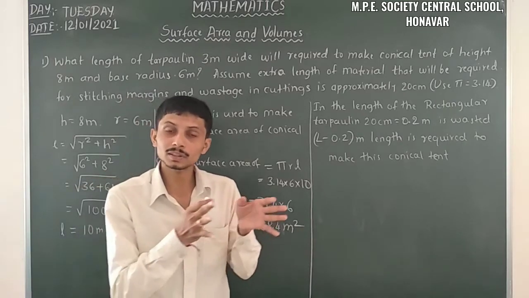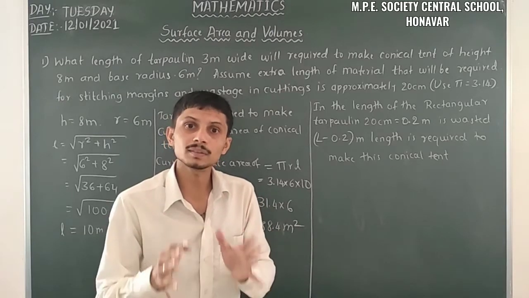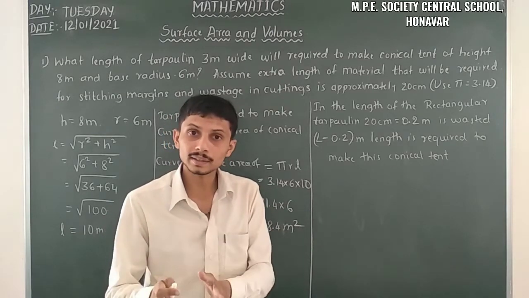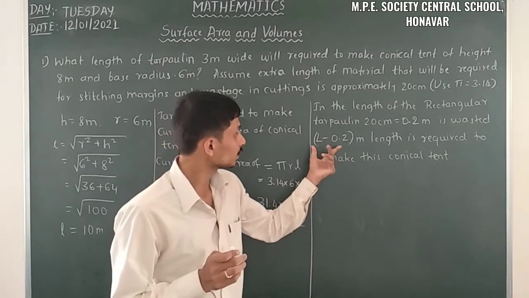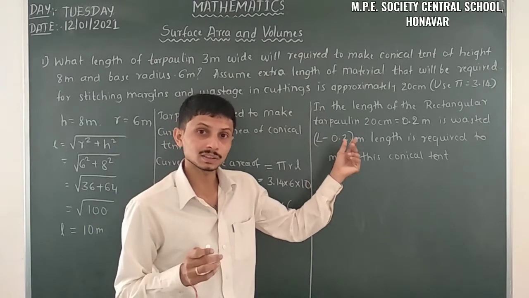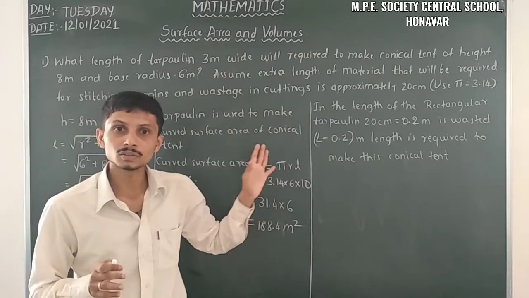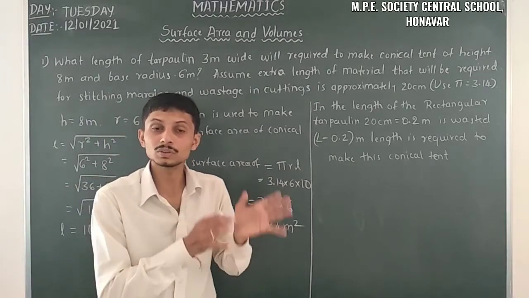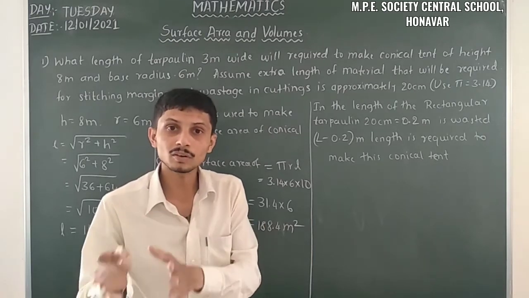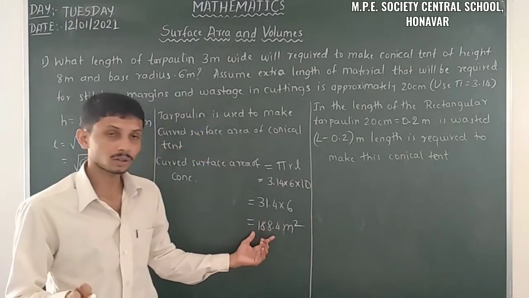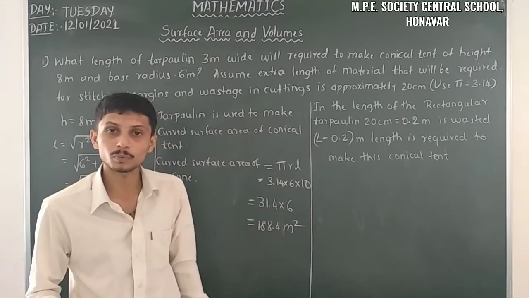That means in the rectangular tarpaulin we have, the length we take is L minus 0.2 meter and the breadth will be 3 meter. So using that area of the tarpaulin, we have to make this conical tent of curved surface area 188.4 meter square.